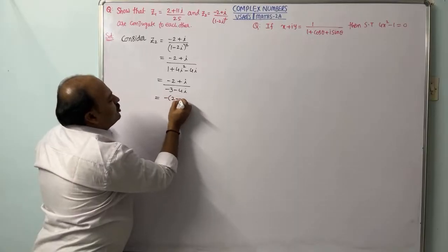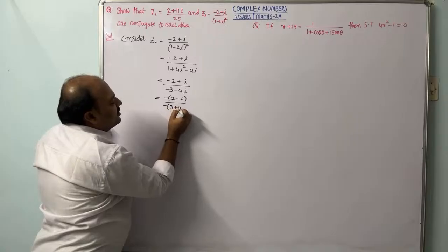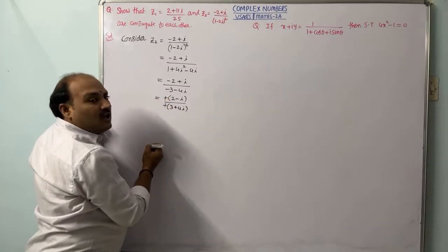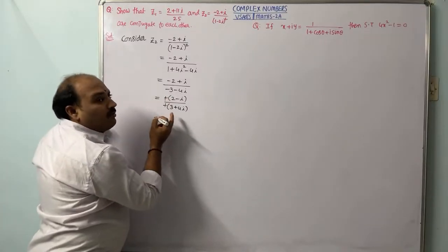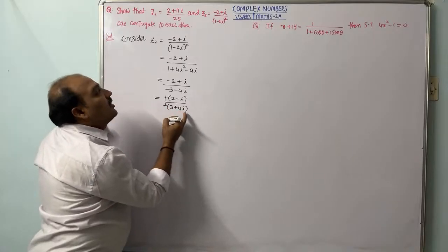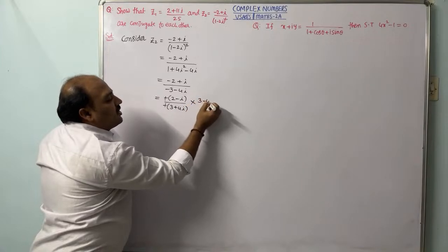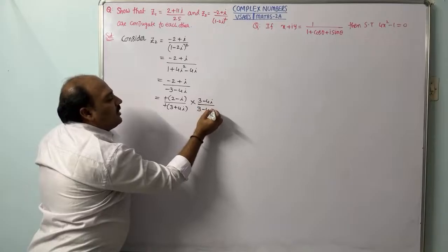Here, what I am going to do is take minus common: 2 minus i in the numerator, and minus common from the denominator, 3 plus 4i. These two minus signs will be cancelled. We need to multiply and divide with the complex conjugate of 3 plus 4i, that is 3 minus 4i.